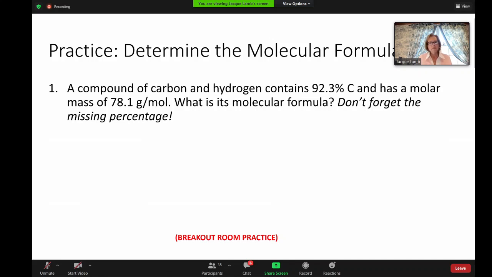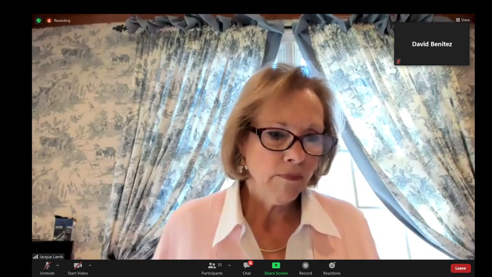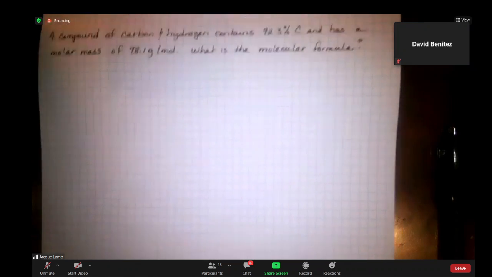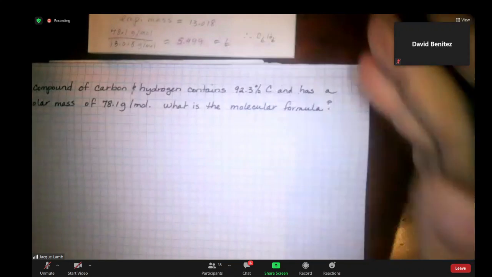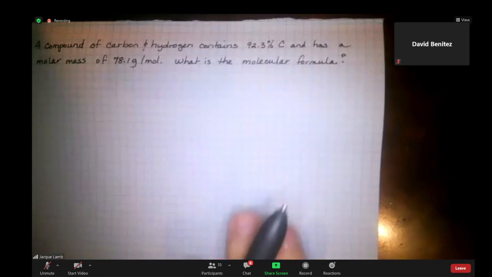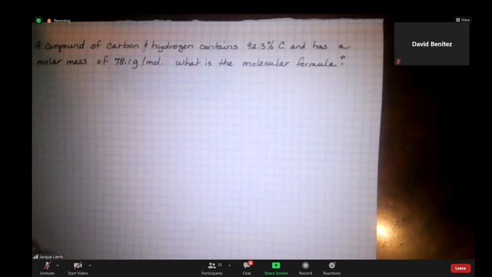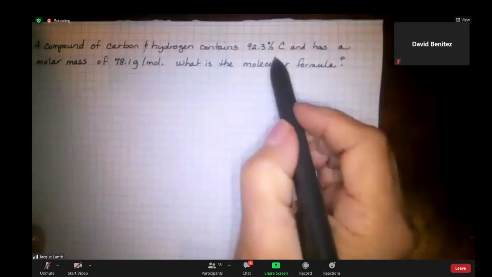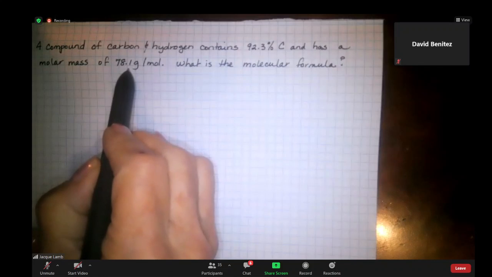So let's do a practice problem on this. I will switch my camera here. We're going to look at this problem right here. A compound of carbon and hydrogen, notice it only has carbon and hydrogen in it, contains 92.3% carbon and has a molar mass of 78.1 grams per mole.